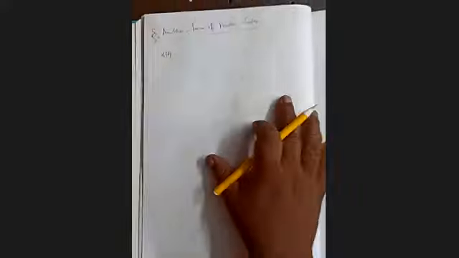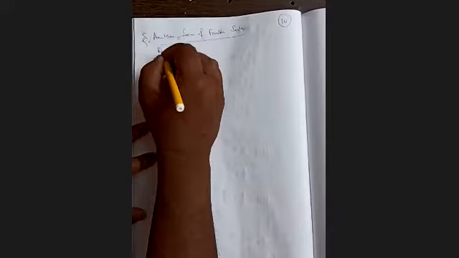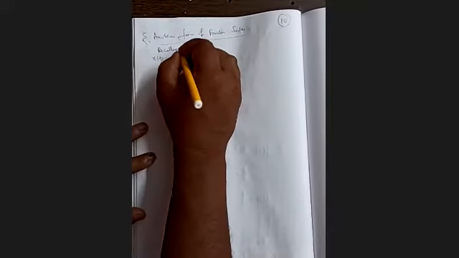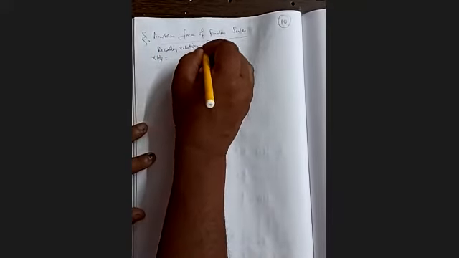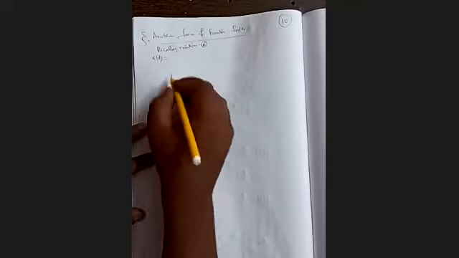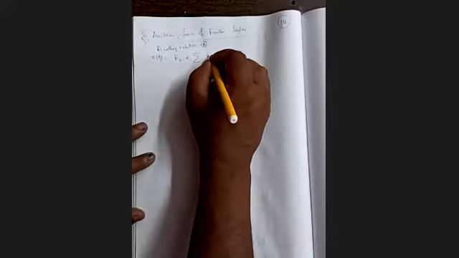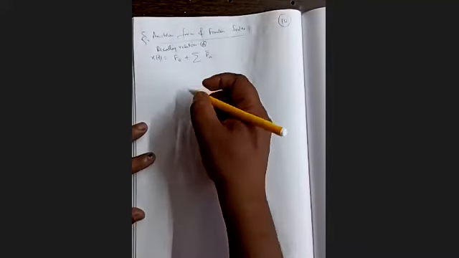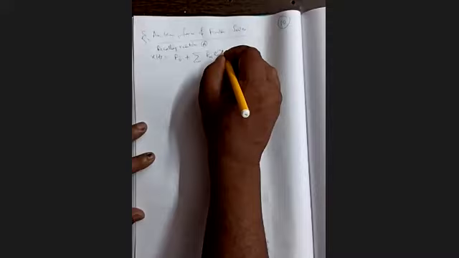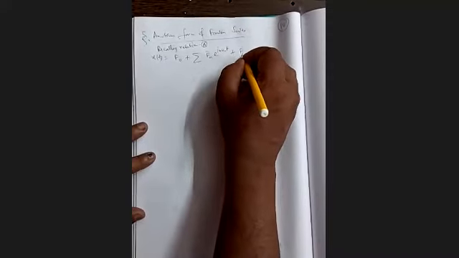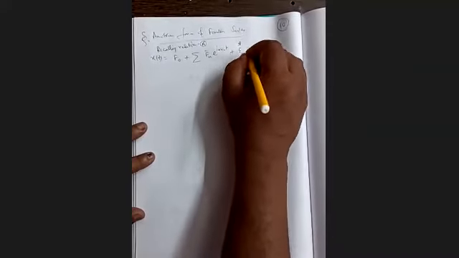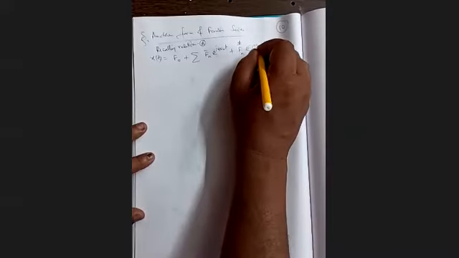So we can write it. Recalling relation A, x(t) equal to F0 plus summation Fn bar e to the power j n omega 0 t plus Fn bar star e to the power minus j n omega 0 t.